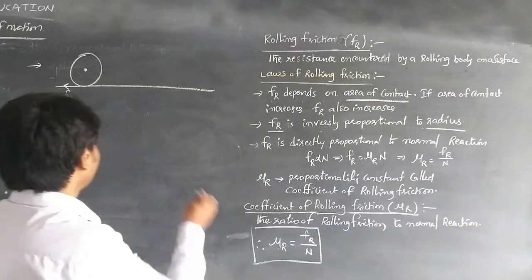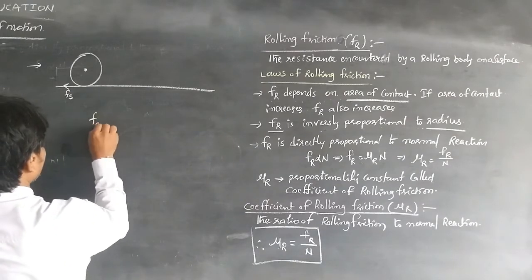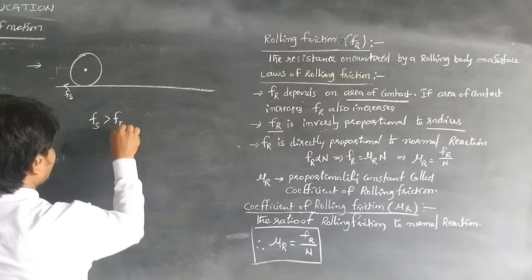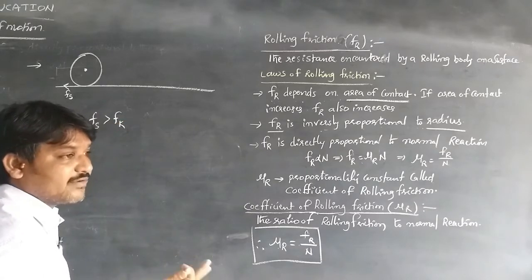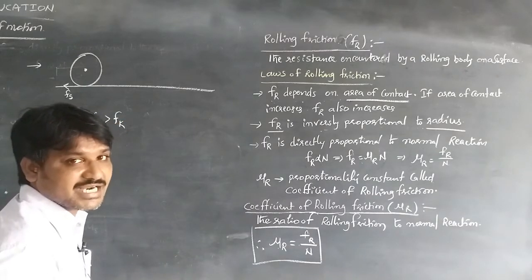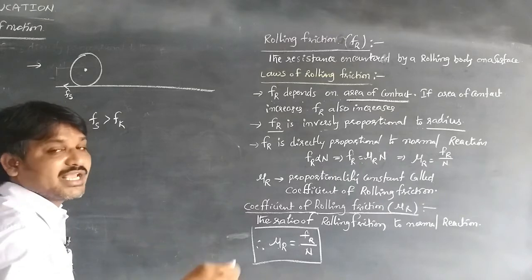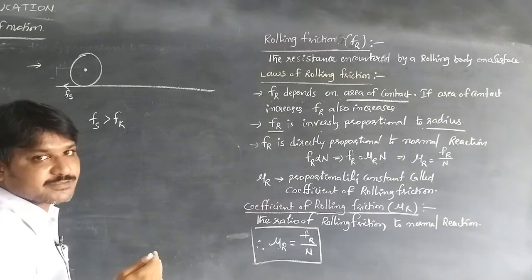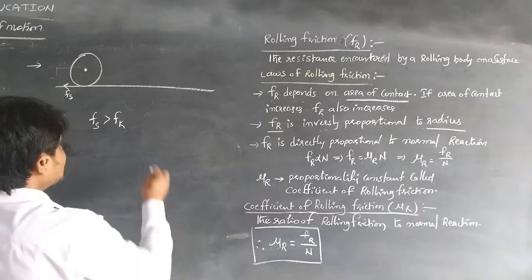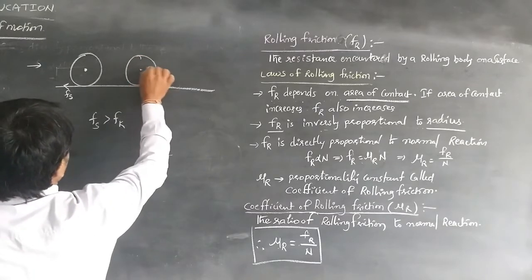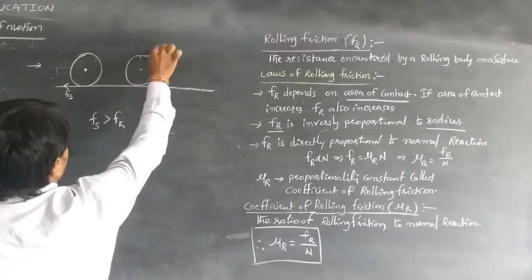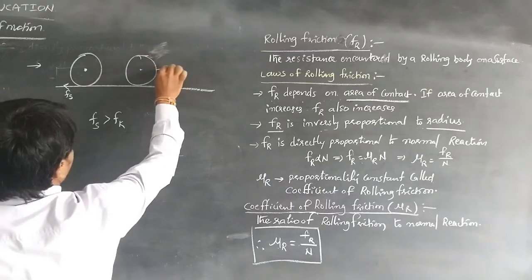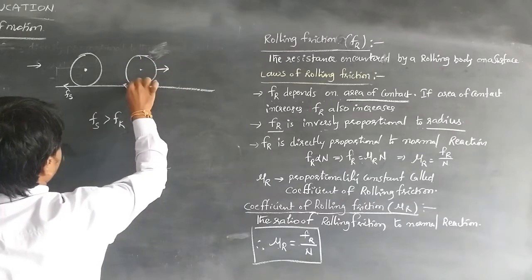So Fs is more than the kinetic friction, meaning the frictional force offered by the surface when the body is static is more than when the body is sliding on the surface. If the body is in motion, dragging or sliding, then Fk acts on that body.